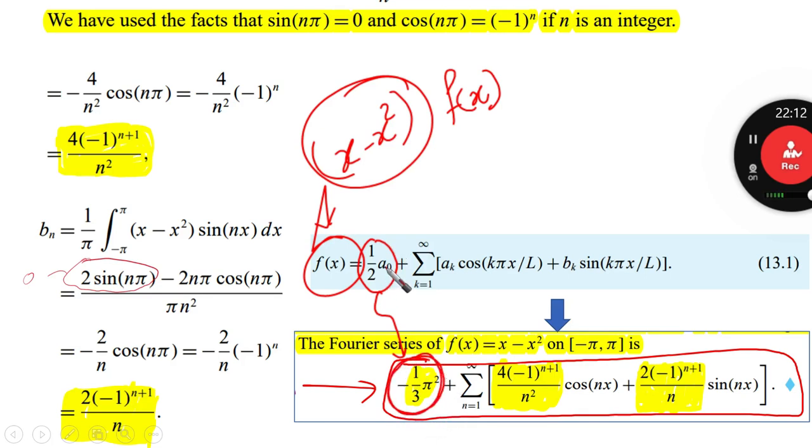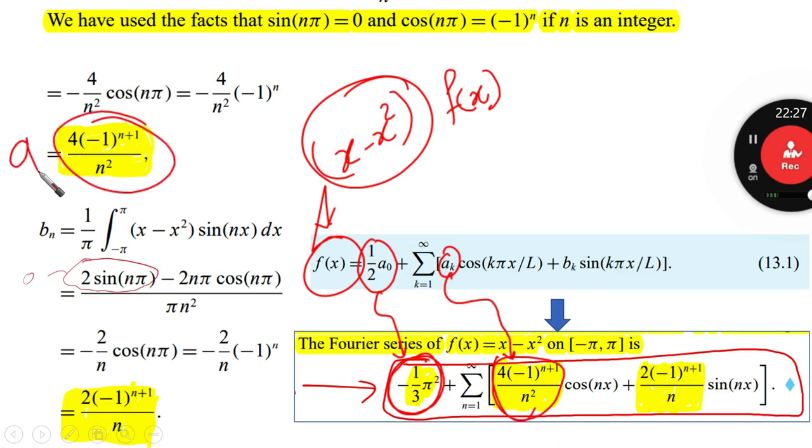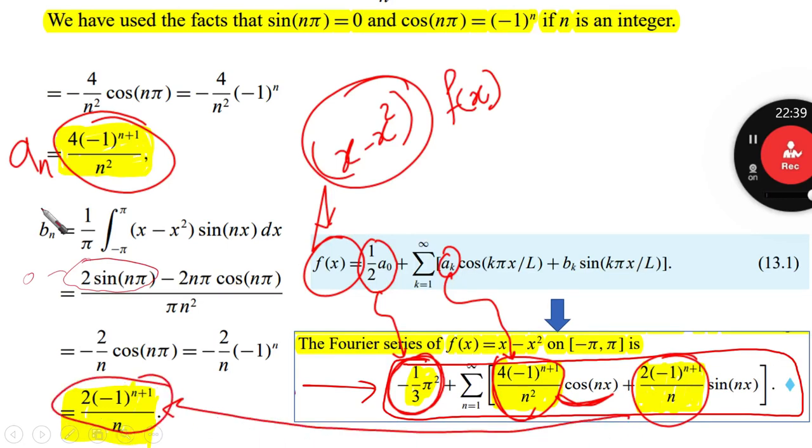And second, the summation from n equals 1 to infinity of an, which is this term, as we said, times cosine n pi x over L, which is nx, and then plus another term, which is exactly our term here, bn times sine nx. This is the representation of this function.